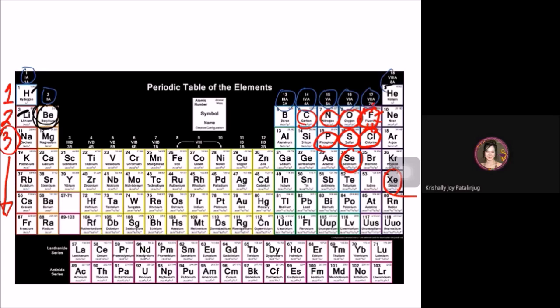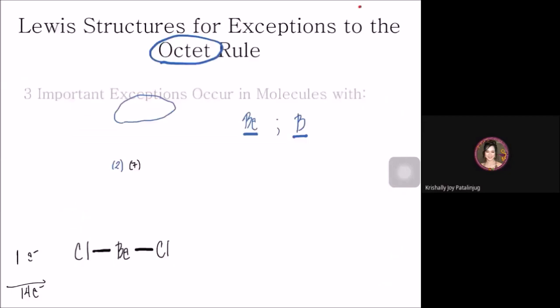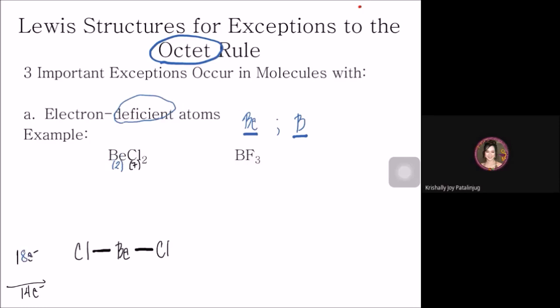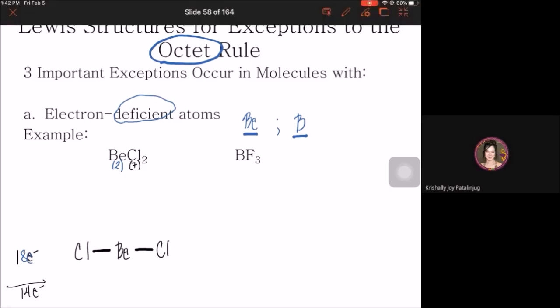So for beryllium, it's in group 2, so that would be 2. Kaya pala parang may mali. Okay, thank you for that again, Kenna. So 16 lang, hindi 18. Total of 16 electrons, minus 4, so 12.